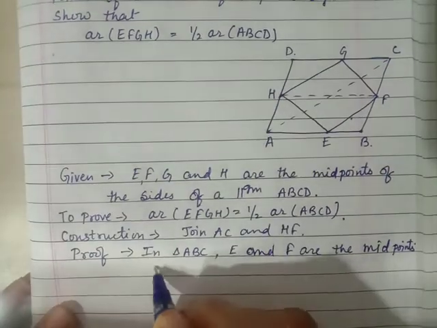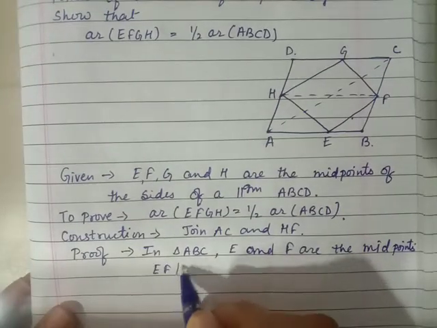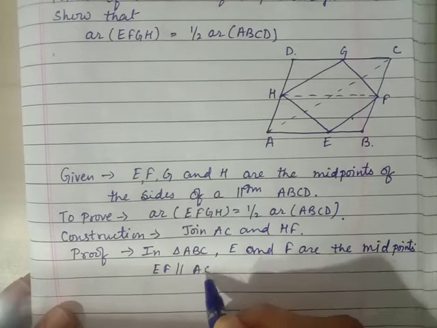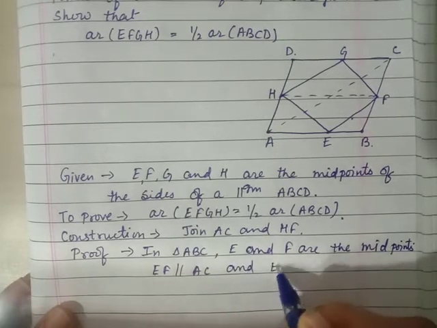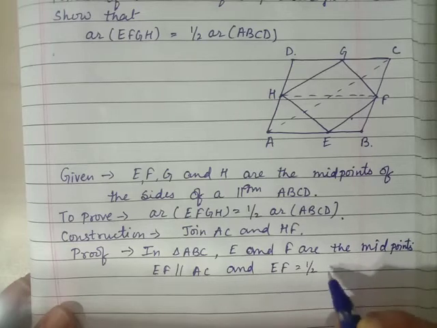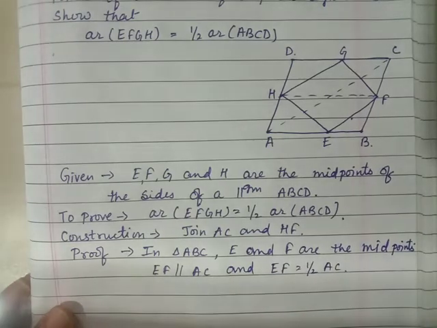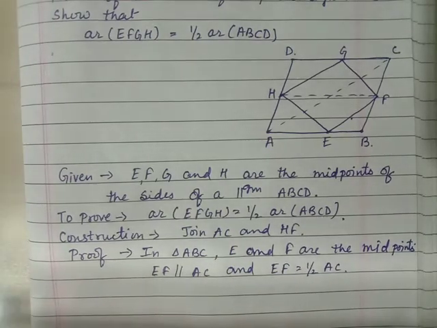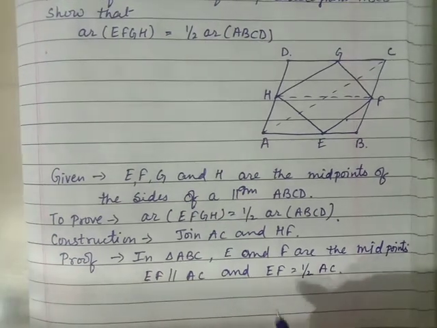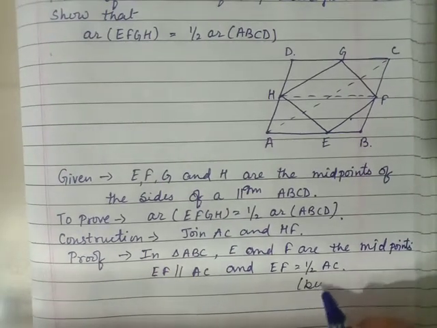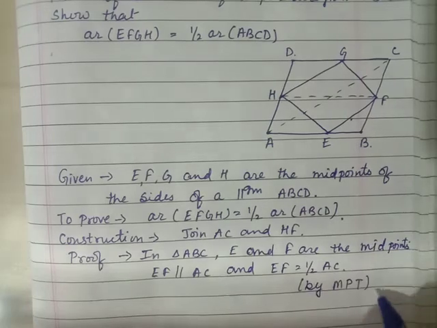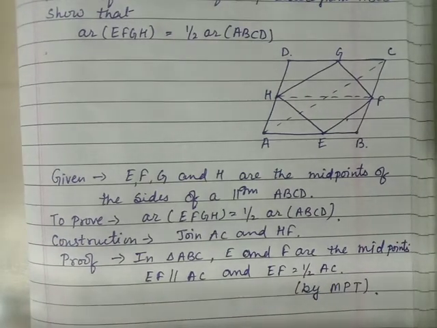So we can say that EF is parallel to AC and EF is half of AC. So by MPT, I am writing it in short, midpoint theorem.